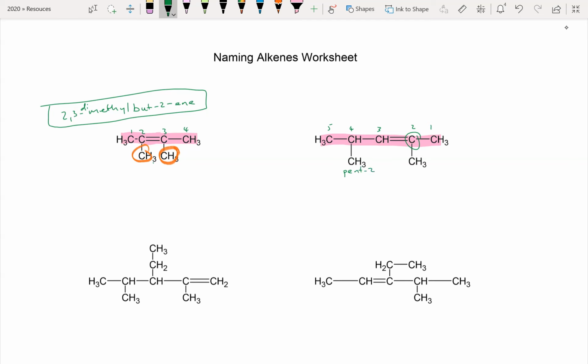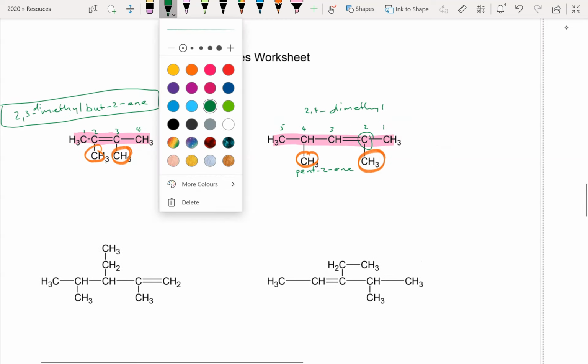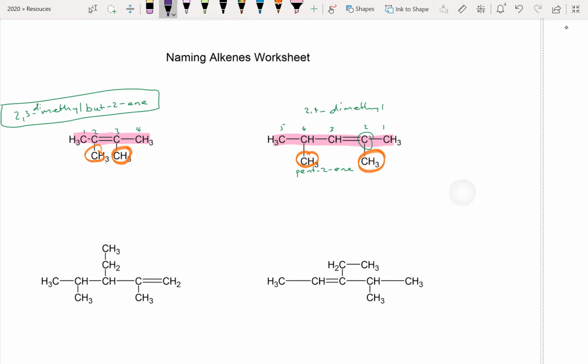That's like the 2. And then we isolate our side chains. That's methyls, but there's 2 of them, so it's dimethyl, and it is 2, 4. So if we want to write this all out neatly, because this is all of our working, it would be 2, 4 dimethyl pent-2-ene.